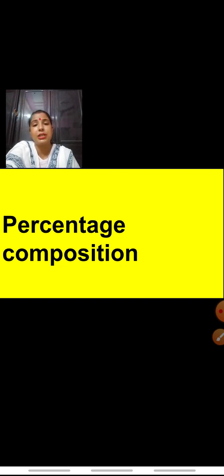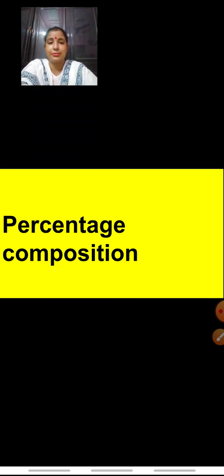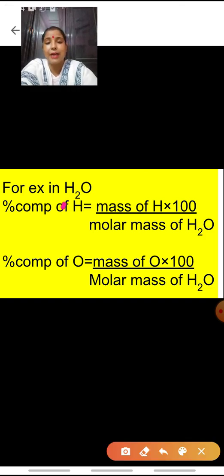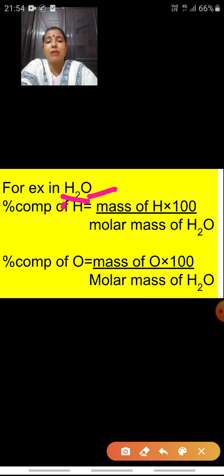Now see, for this we have a formula. For example, I am taking the water molecule. In a water molecule, there are two different types of atoms: hydrogen atom and oxygen atom.